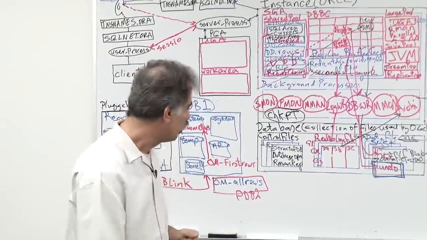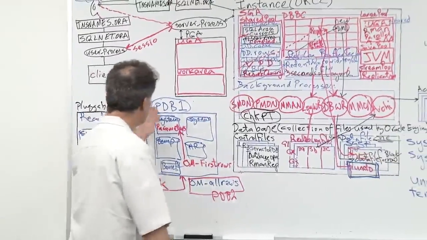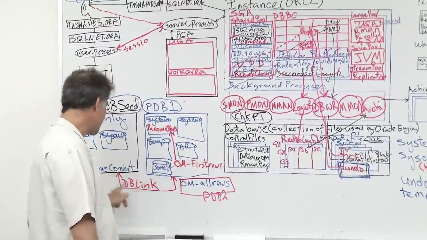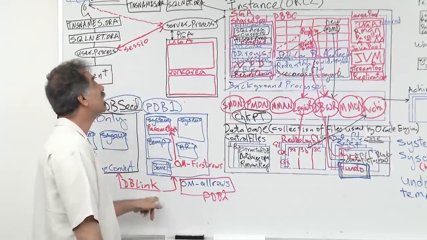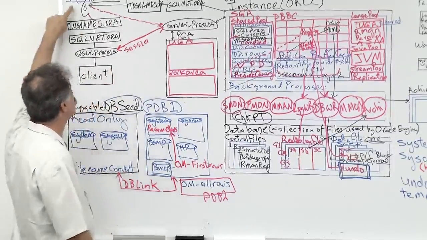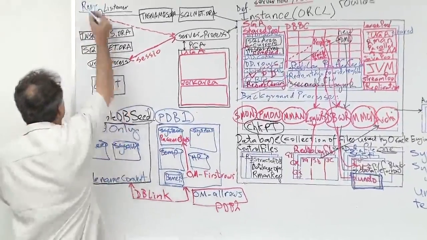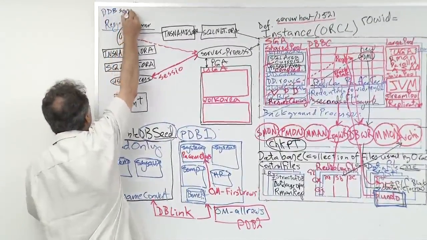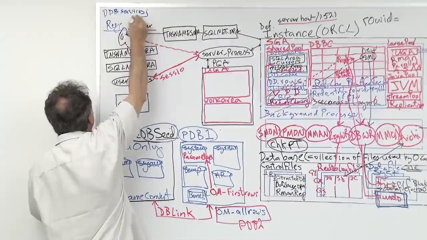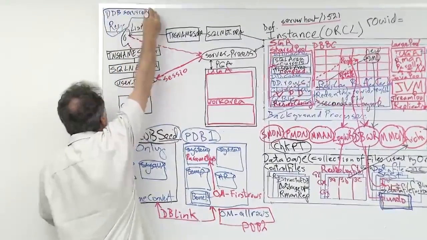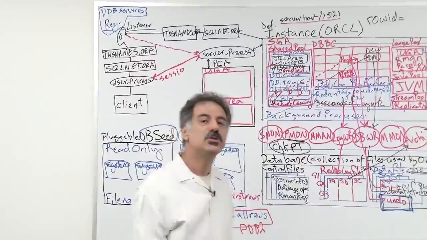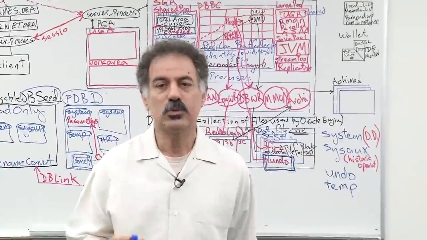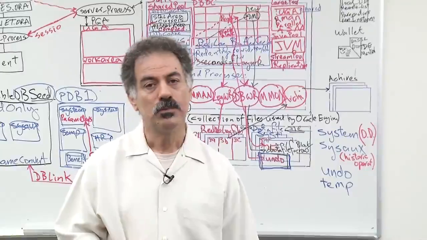For example, when you create these PDBs, the services in the database, as we said, are automatically created. And those services are automatically registered with the listener. I don't need to do anything. When you create a PDB, all of that work is automatically done for you.